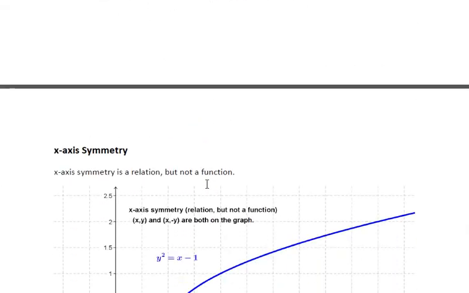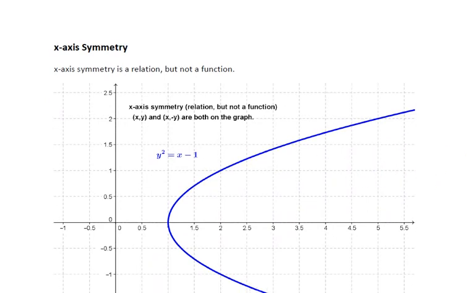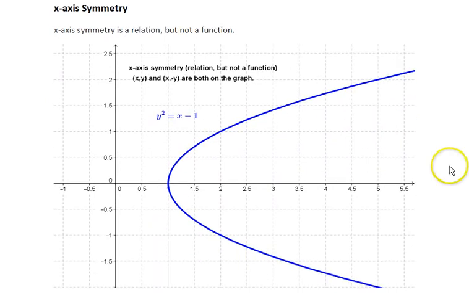Our next symmetry to discuss, which logically follows, is x-axis symmetry. However, as you can see from our example here, x-axis symmetry is something that can only occur in a relation that's not a function. On either side of the x-axis, it's a mirror image of itself.